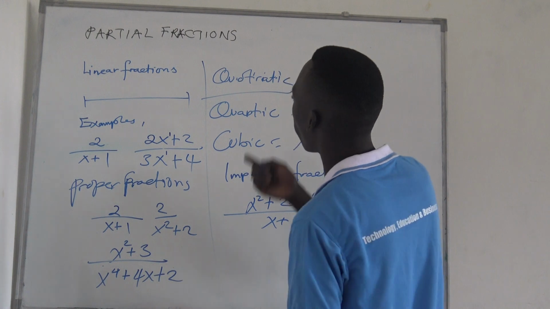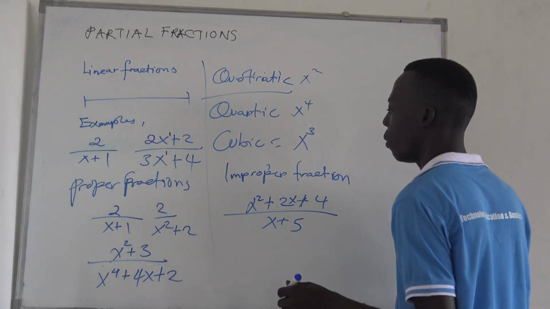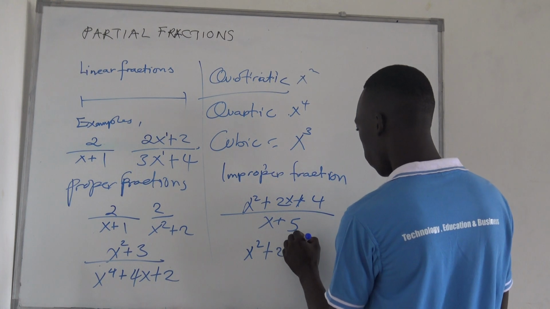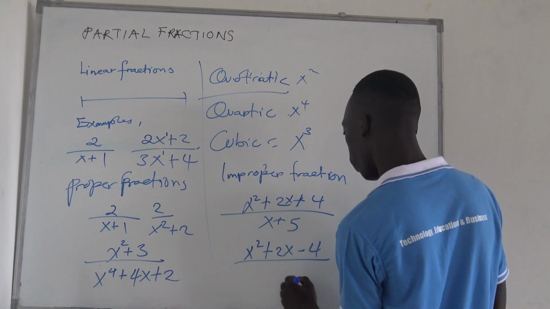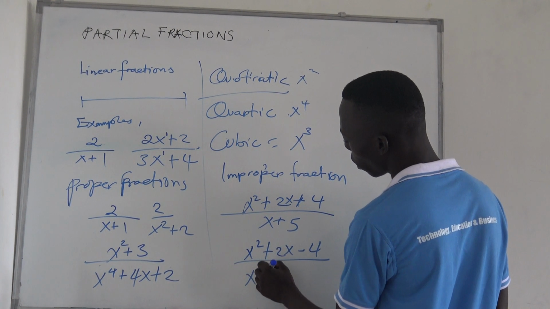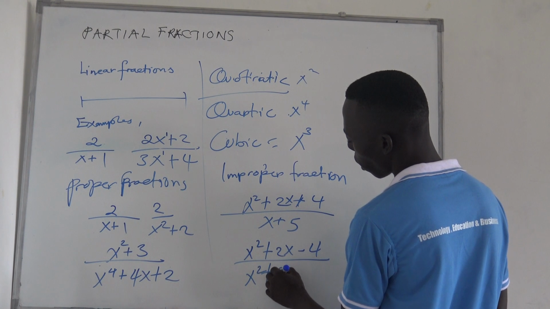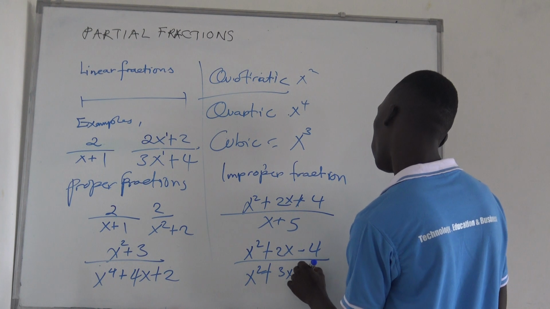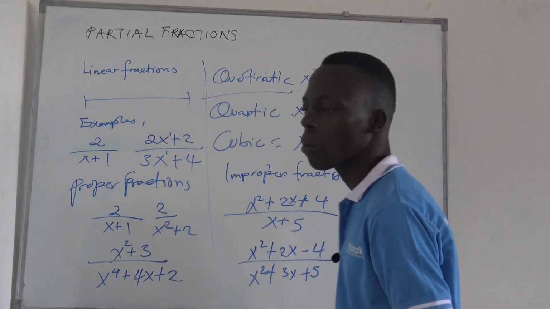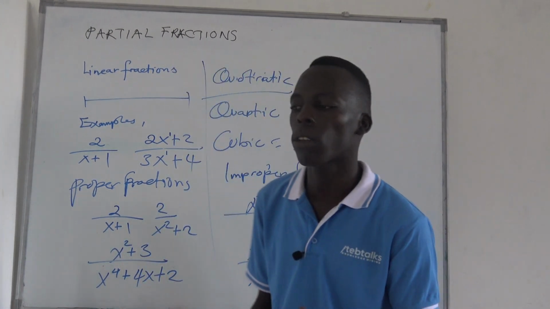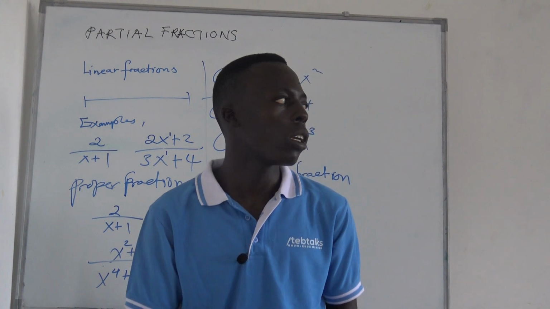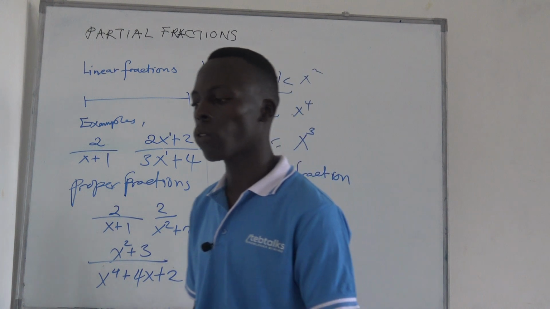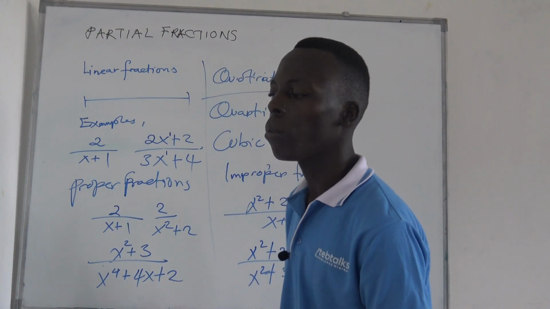Also, when you are considering partial fraction, this one is said to be improper if it is x squared plus 2x minus 4 out of x squared plus 3x plus 5. This one is said to be improper since they have the same degree, in partial fraction. That's why I consider it as improper.